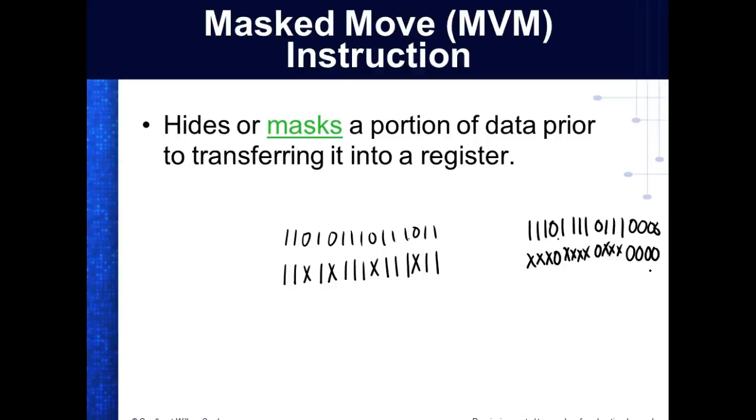We got two options with an input port. We can either load in a bit or we can load in a word. That's the only two options we got. That makes sense? Well, what if we wanted to just load in a bit? How would I get rid of those other bits?